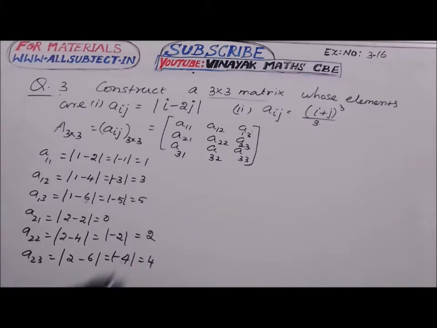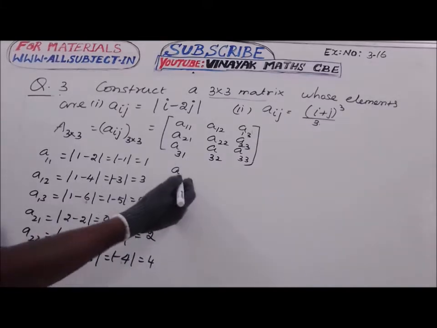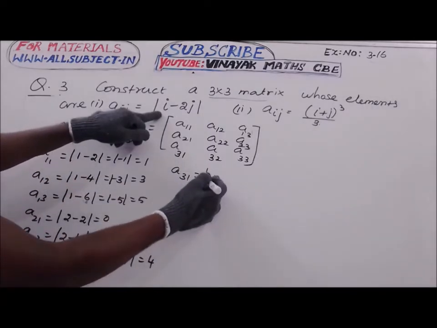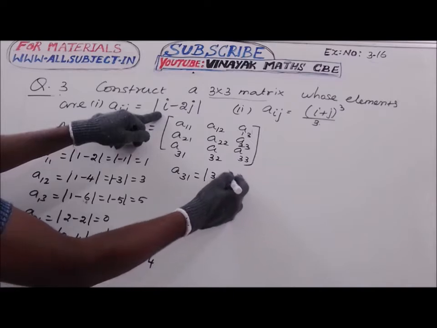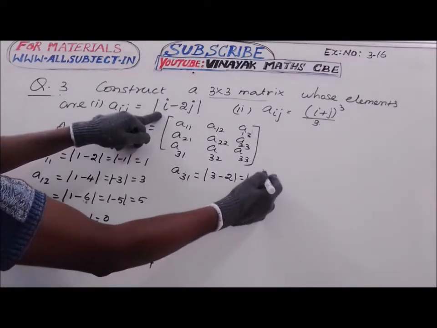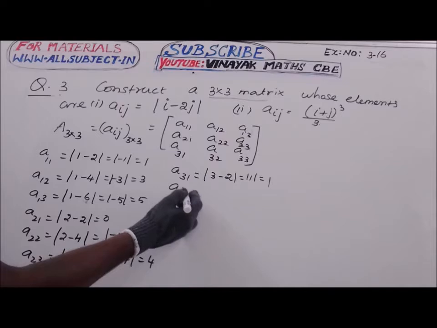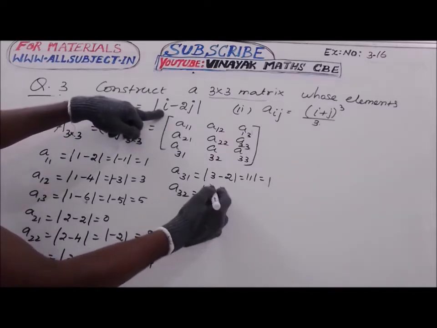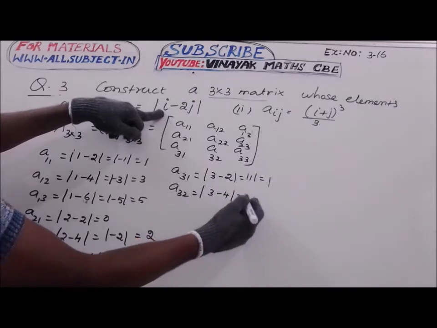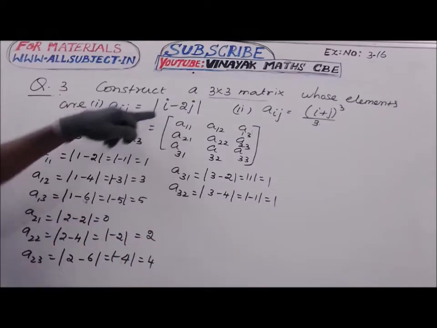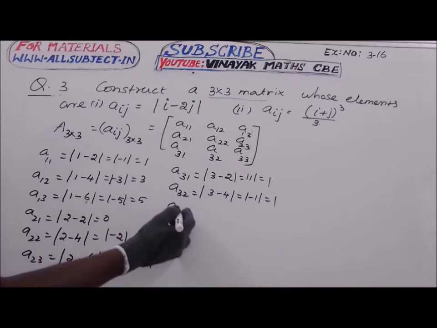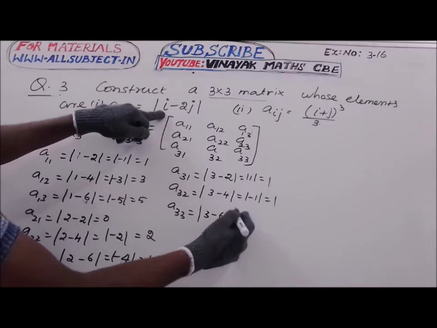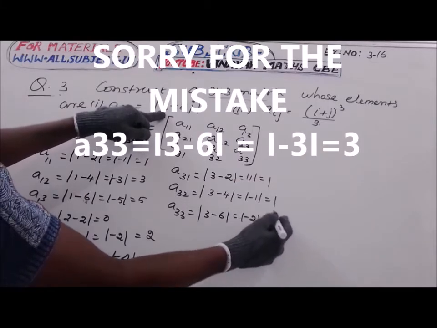And then A31 equal to, i is 3, j is 1, substituting in it, the absolute value of 3 minus 2 equal to 1. The absolute value of 1 is 1. A32 equal to the absolute value of, substituting i 3, j 2, 3 minus 4 equal to minus 1, the absolute value is plus 1. So A33 equal to, substituting, 3 minus 6 equal to minus 2, its absolute value is plus 2.